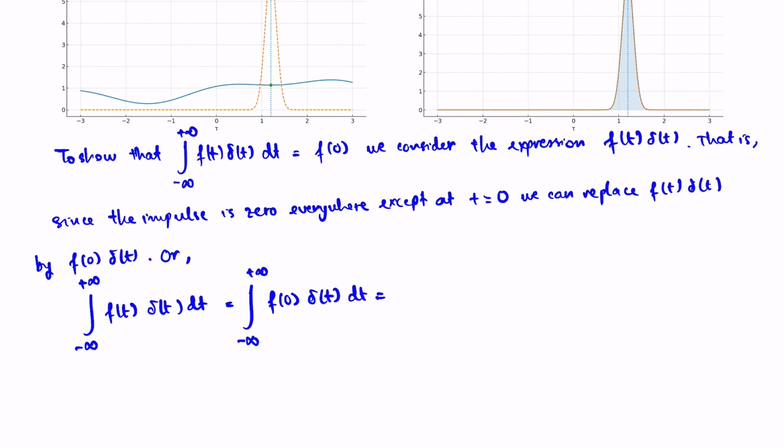At this point, because f of 0 is a constant, just the evaluation of the function at t equal to 0, you can pull f of 0 out of the integral.